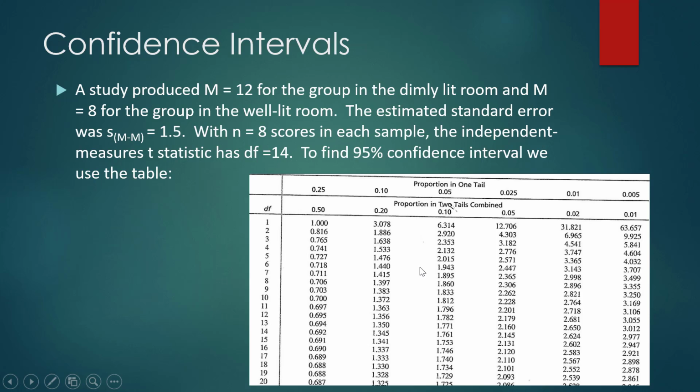For this example, we've seen it before, it's about the dimly lit and brightly lit rooms. One sample had a mean of 12, and the other one had a mean of 8. The estimated standard error was 1.5. There were 8 scores in each sample.